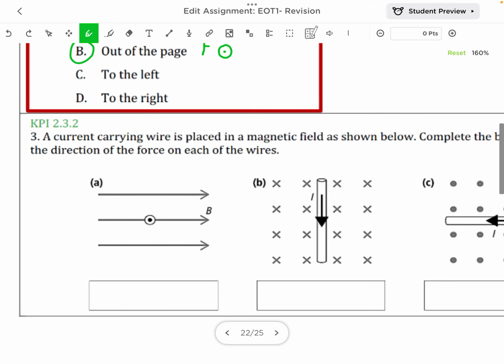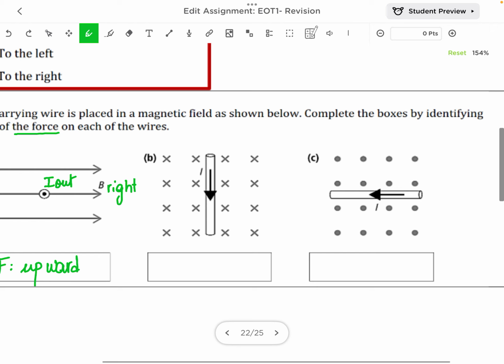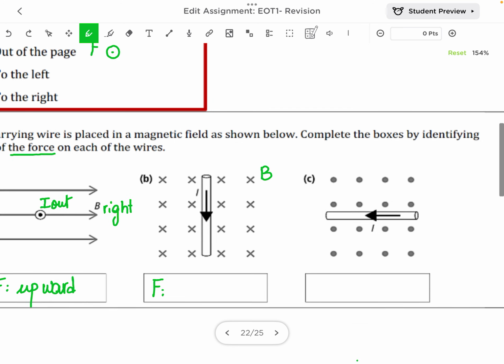Also here, I need to complete the direction of the force. I need to find the force. So the magnetic field is to the right, the current is out, so F here, by applying the right hand rule, is upward. Also here I is downward, and I'm requested to find the force, meaning that the cross is for the magnetic field.